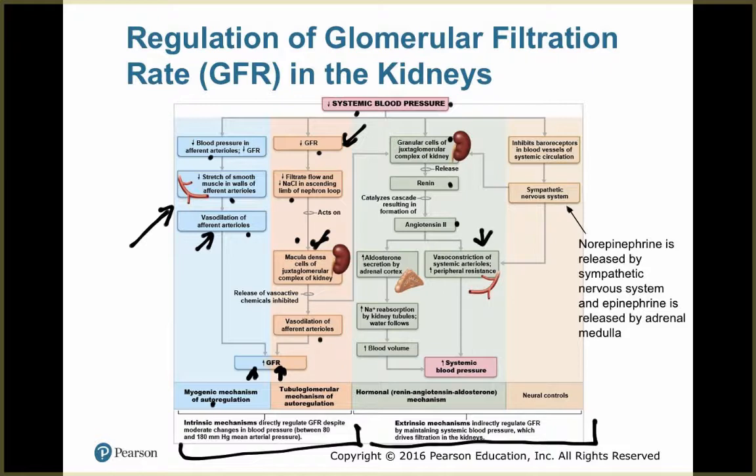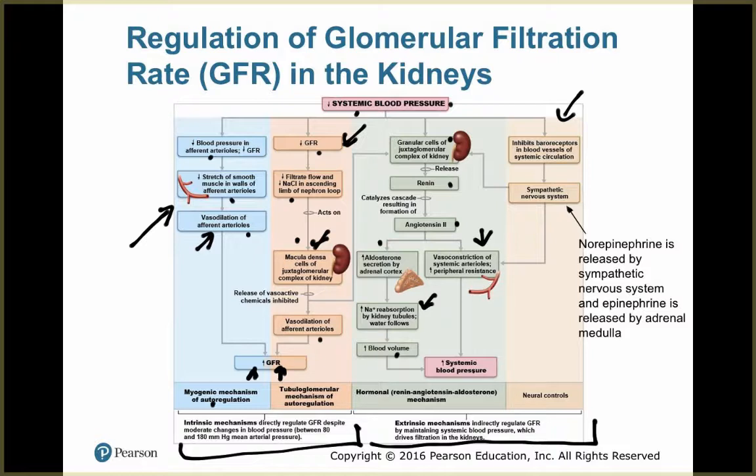It either vasoconstricts the systemic arterioles, so that increases the peripheral resistance in the blood vessels, and it releases aldosterone from the adrenal cortex, and that's going to allow for reabsorption of sodium in the kidney tubules. That will allow more water to be reabsorbed as well, and you'll increase blood volume, so your blood pressure goes up.